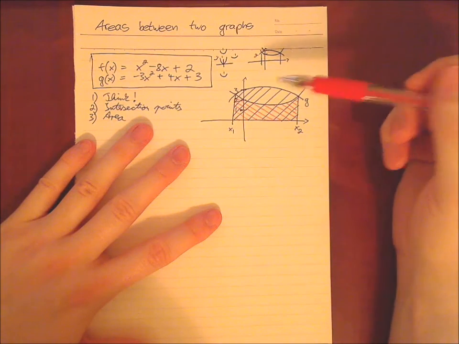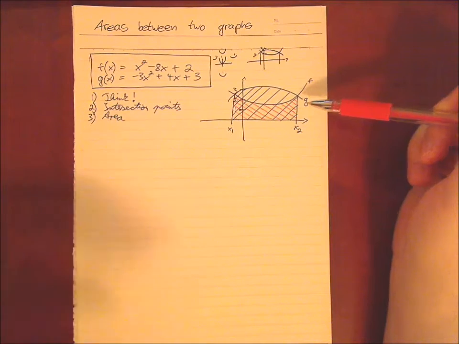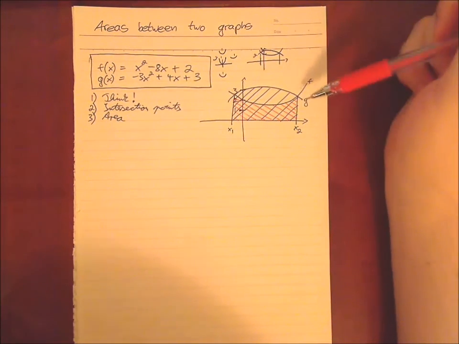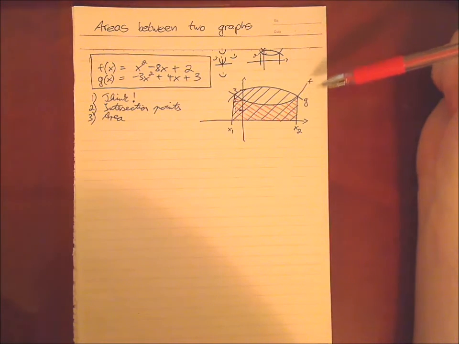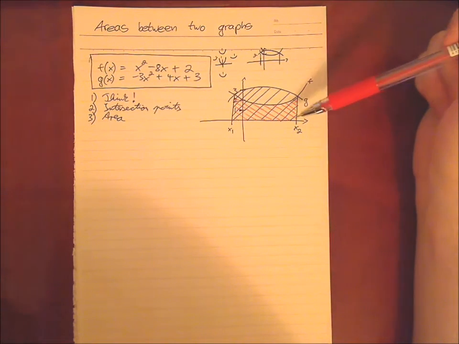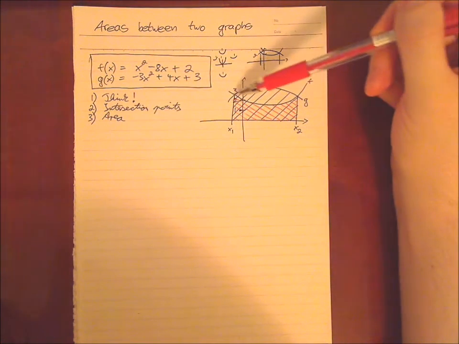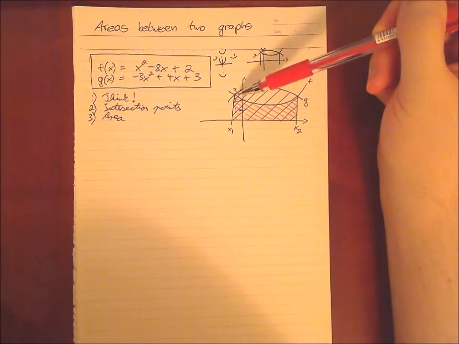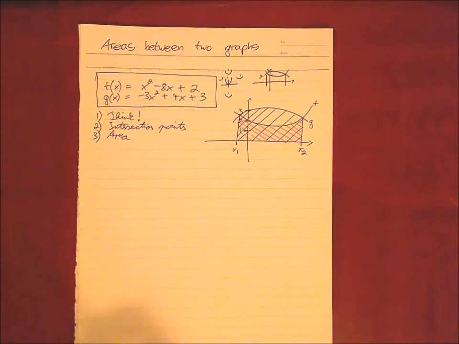You first calculate the bigger area, because we know g is above f. Then we subtract the smaller area, which is between f and the x-axis, and then we end up with a positive area, which is the area between the function on the top and the function below. This is basically how it works.